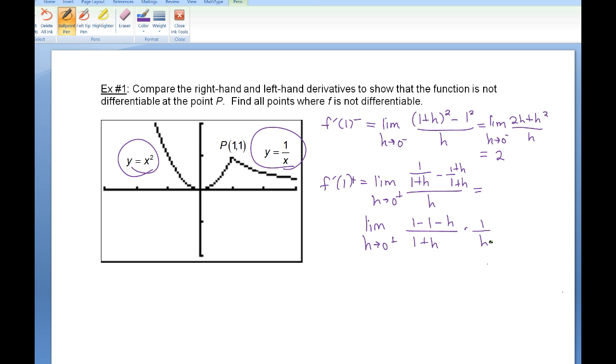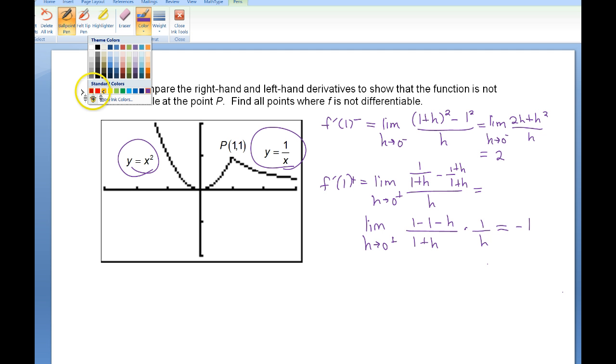I took the 1 over 1 and I just made it 1 plus h over 1 plus h. Oh, okay. So I had a common denominator, and that's going to be 1 minus 1 plus h. So the ones are going to cancel, I'll have negative h, and this h will cancel to give us negative 1 over 1. So my slope is negative 1.